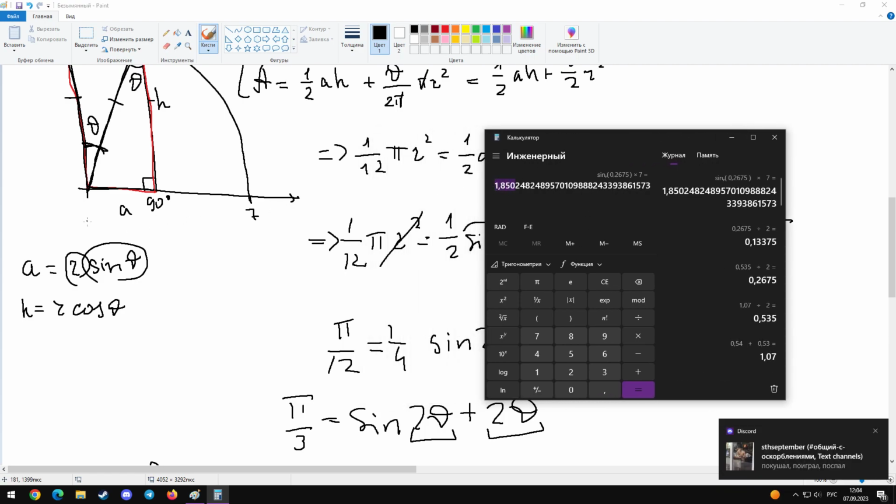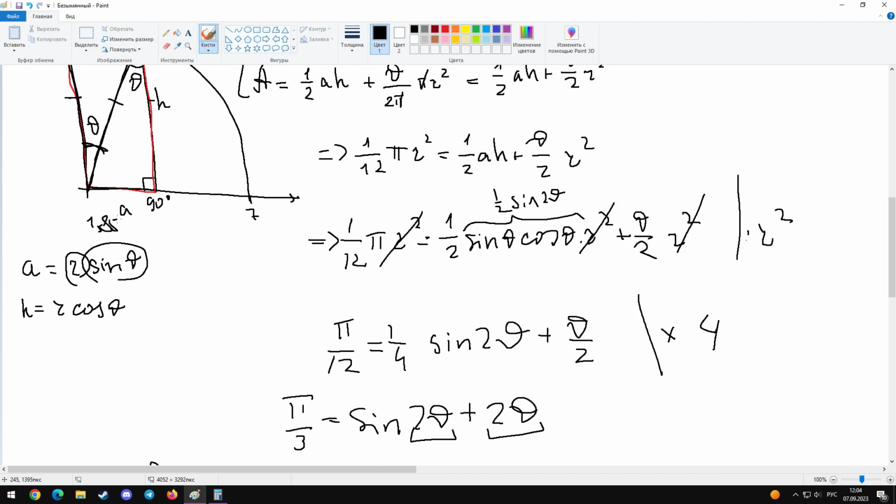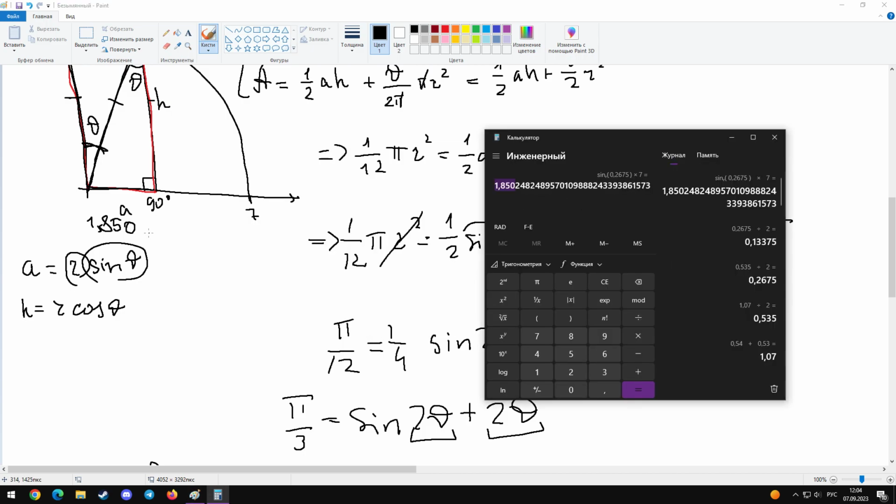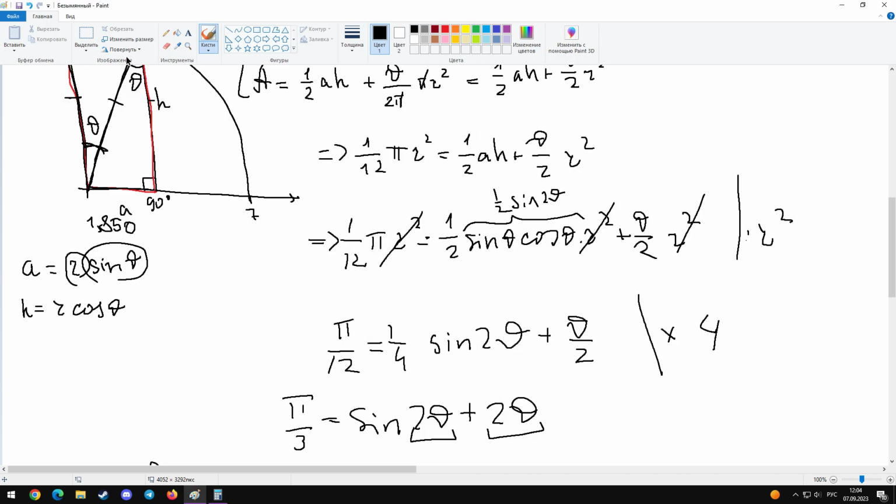So the answer is 1.8550. Well, it's not that precise. It's actually 1.85 plus or minus 0.001.